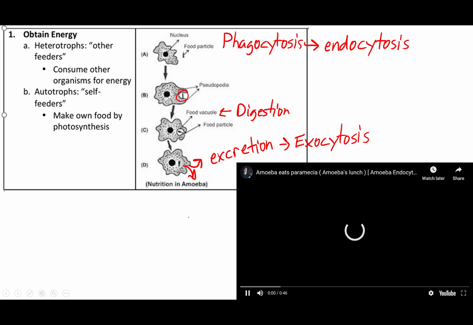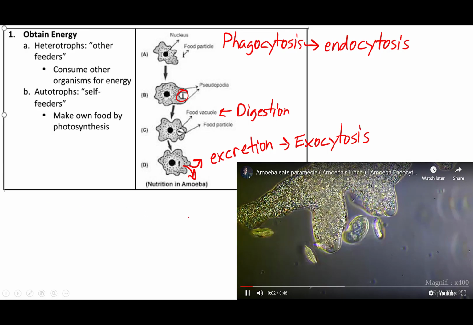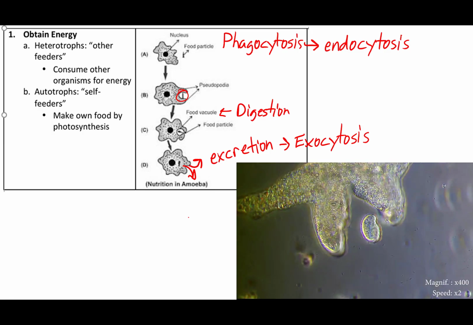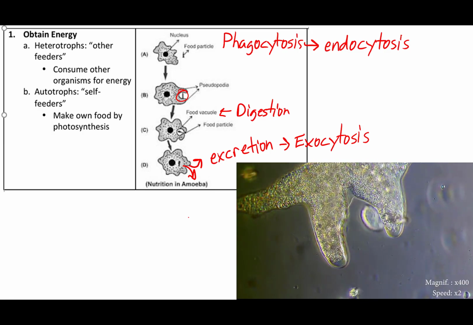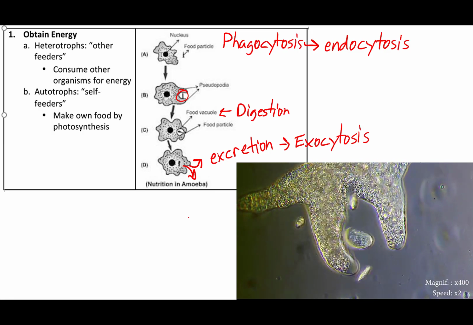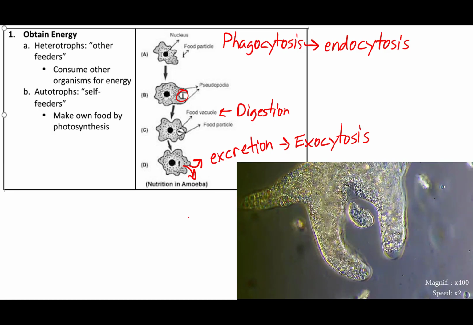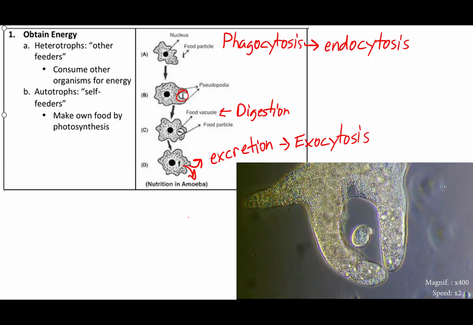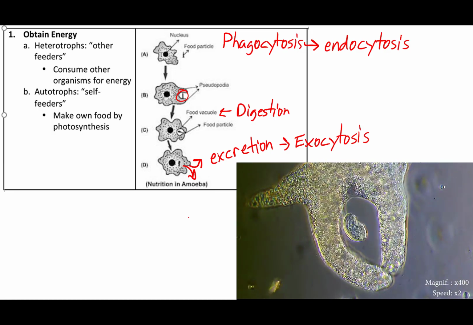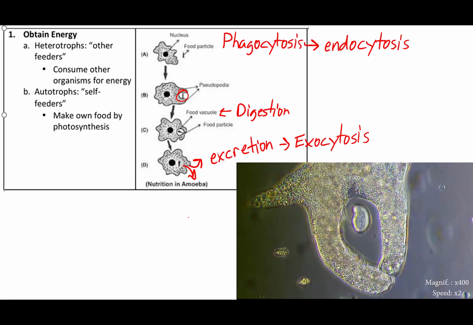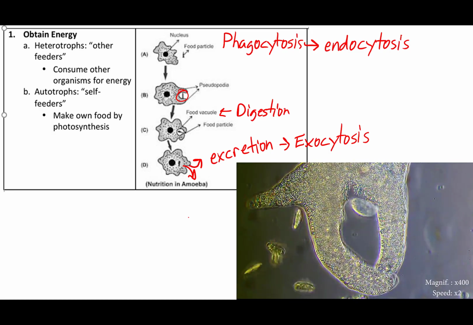So here's an amoeba eating a paramecium. The paramecium is moving around pretty quick, but with those slow arms, the amoeba can engulf it, close that off, and the paramecium is going to go crazy with all its hairs trying to get out of there.